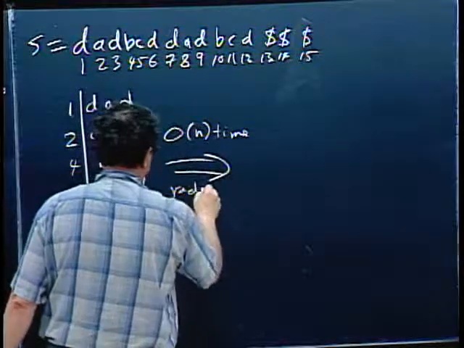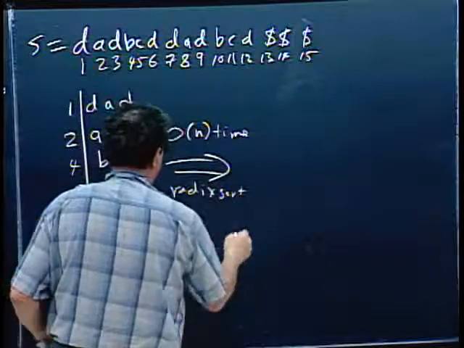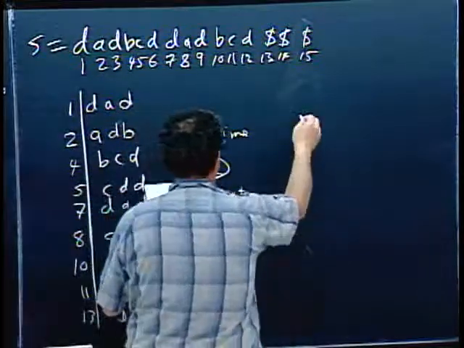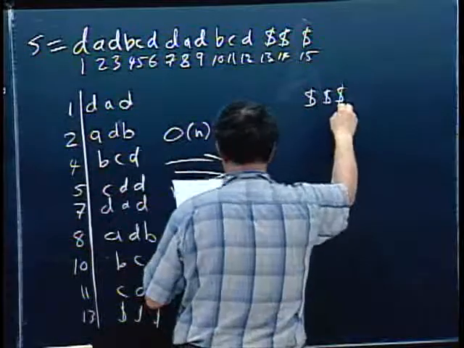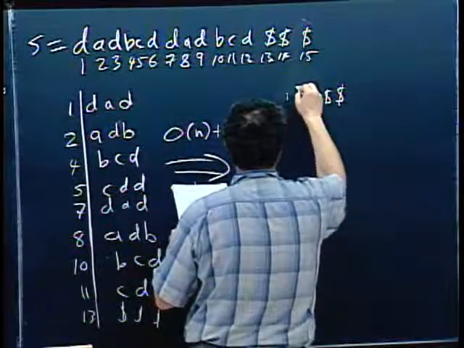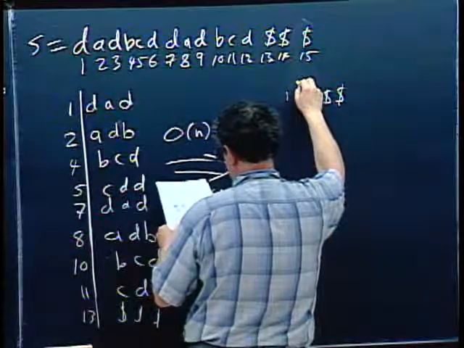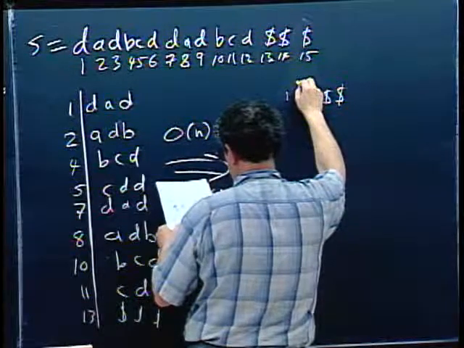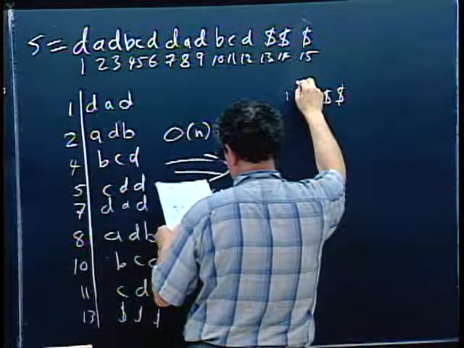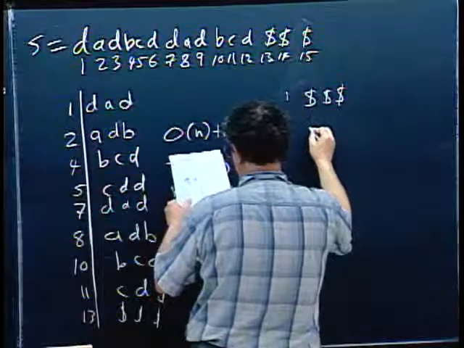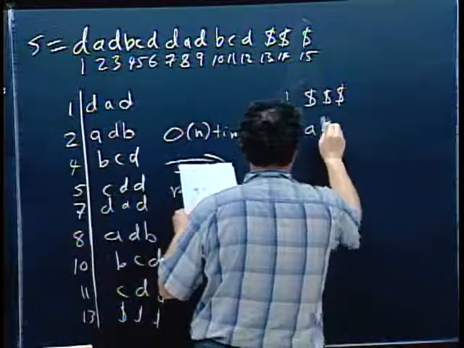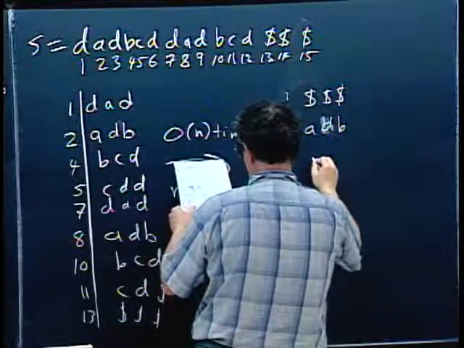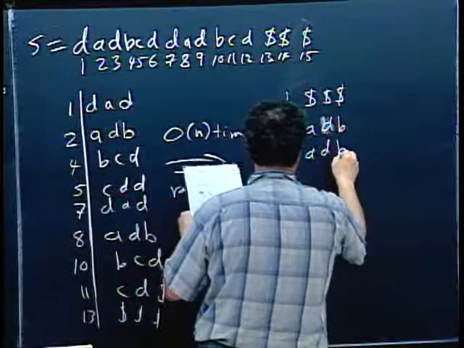radix sort can create the lists: the triple of dollar signs is obviously the smallest one.